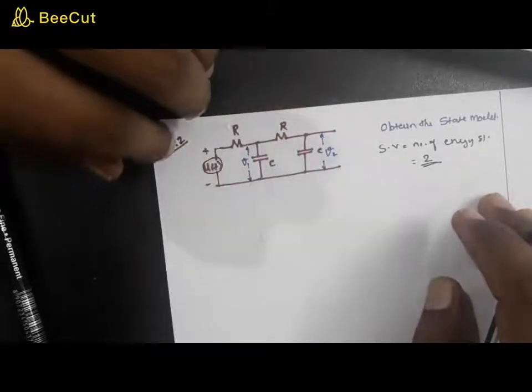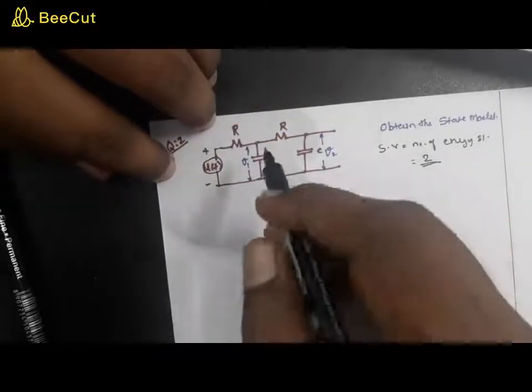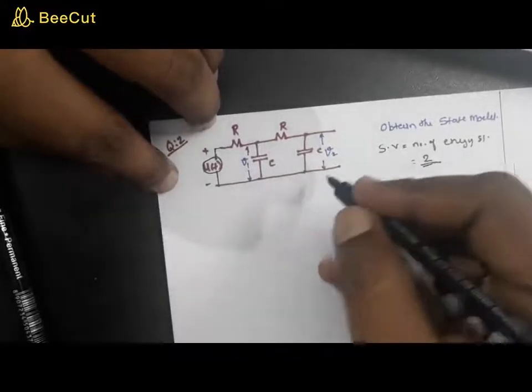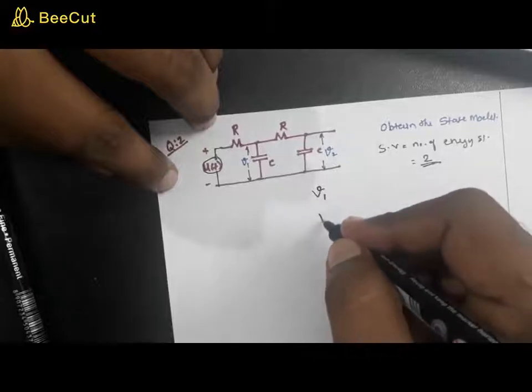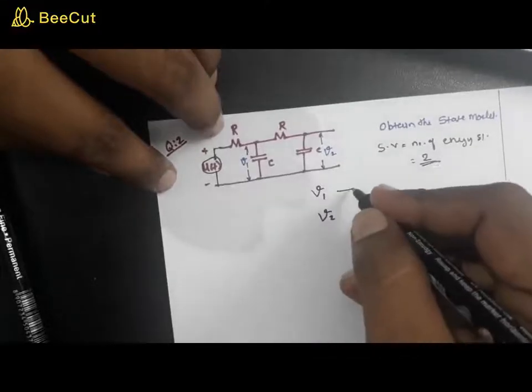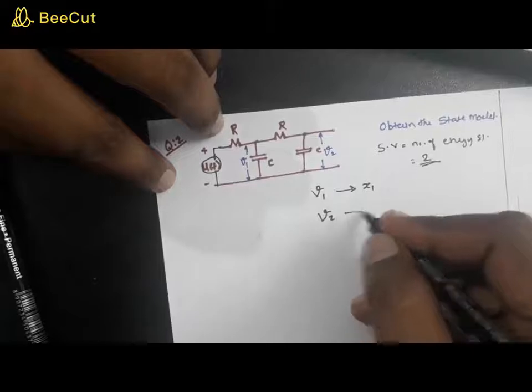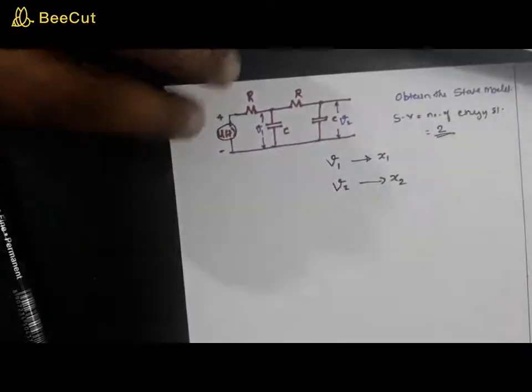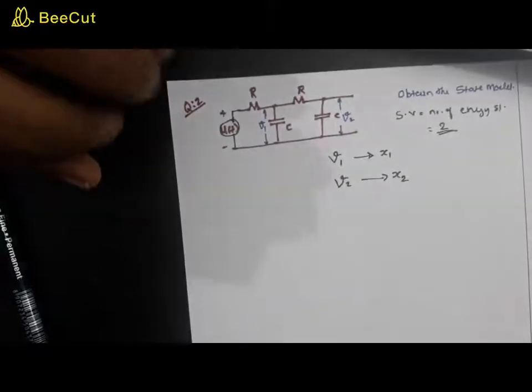The physical variables we can assign are the voltages across these two capacitors, V1 and V2. We assume V1 as x1, and V2 is assigned as another state variable, x2.